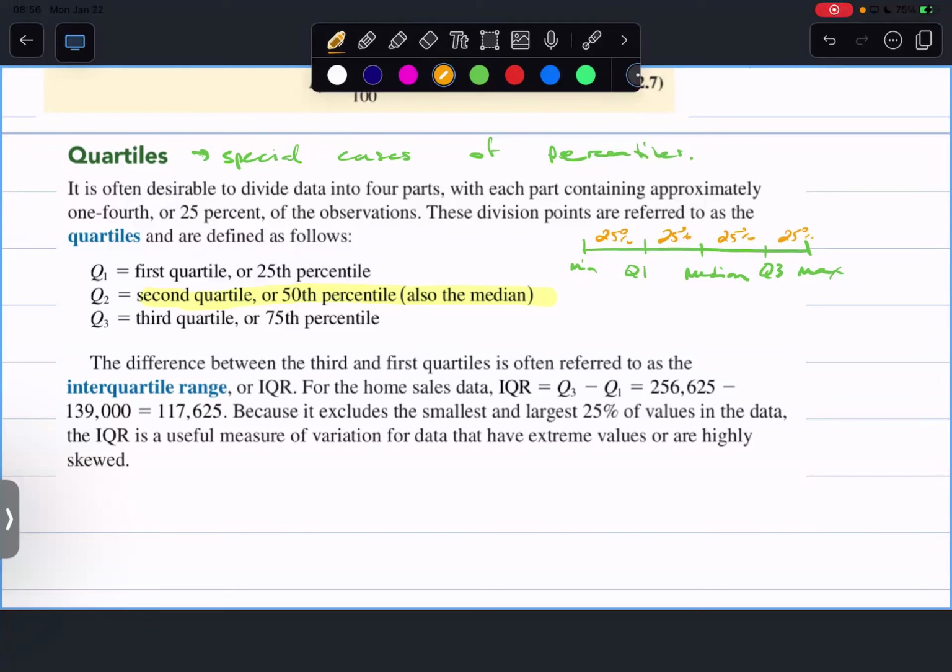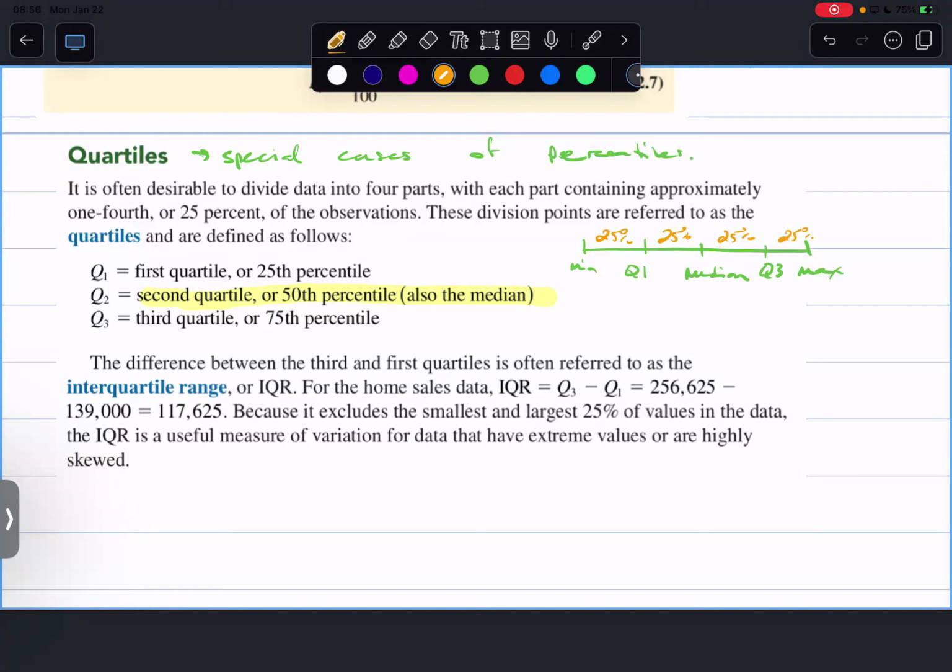Okay. And so if we are talking about especially a skewed distribution, right, then I've got outliers. I can find the quartiles for a normal distribution, but it's kind of boring, right? And so I would use the quartiles for a non-normal distribution.